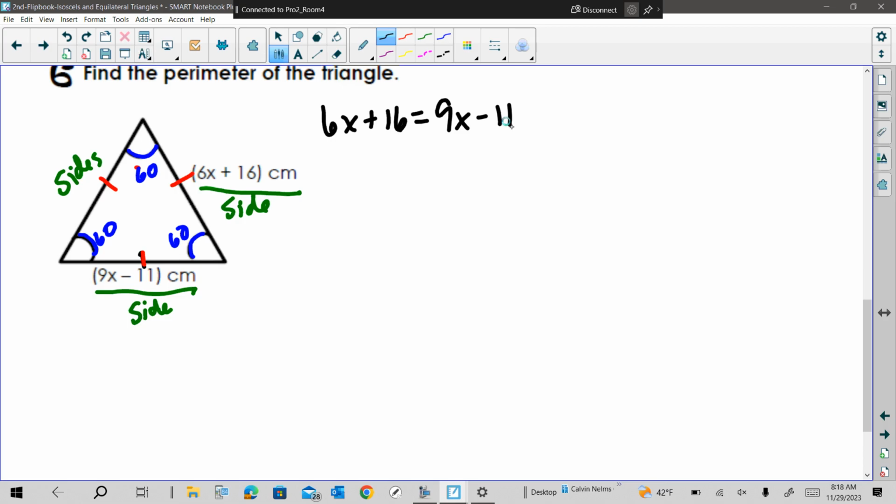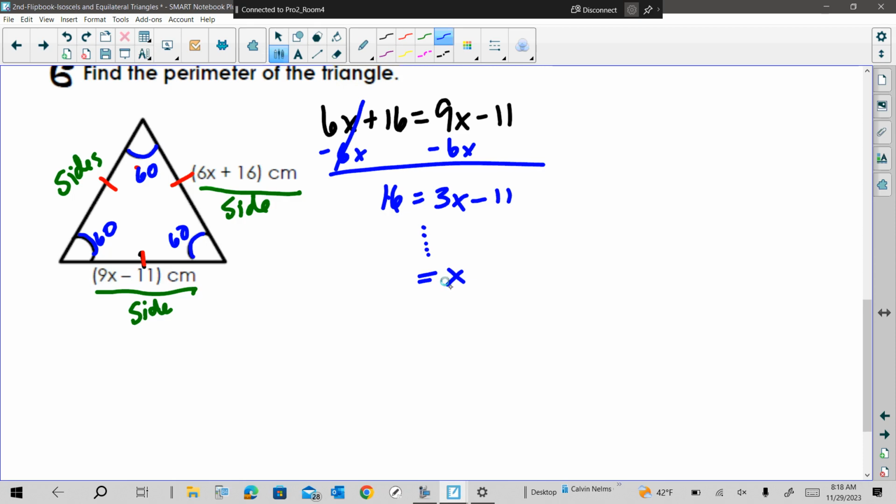All right, solve for x. Start with your smallest variable. Solve for x. Yep, x is 9.